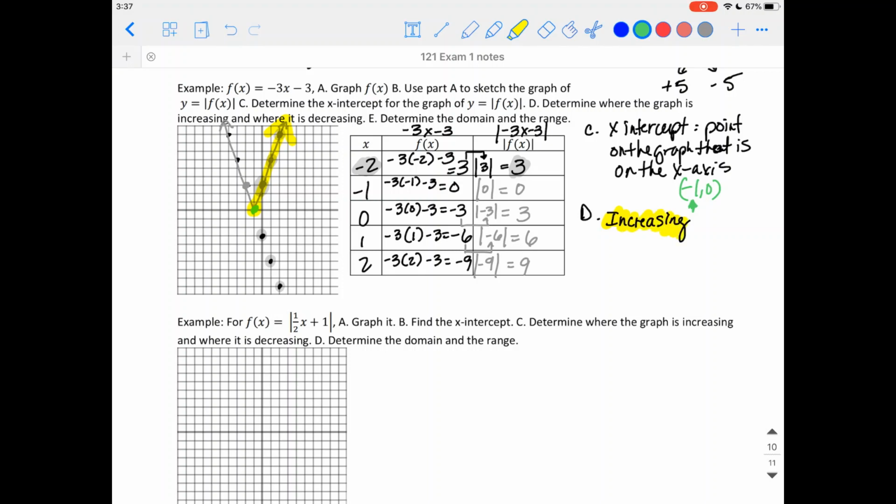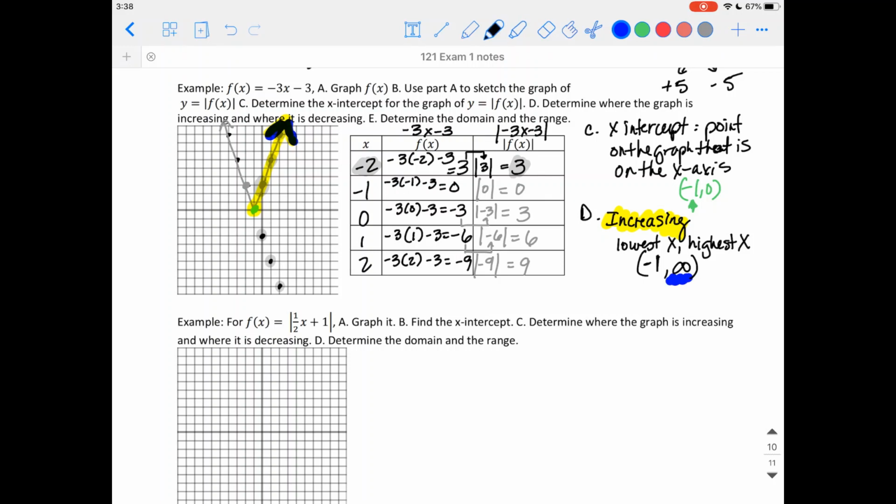Again, it's always going to be lowest x, comma, highest x. My lowest x value is negative 1, always with a parenthesis, and my highest x is going forever to the right, which is infinity. The forever to the right is this arrow right here.